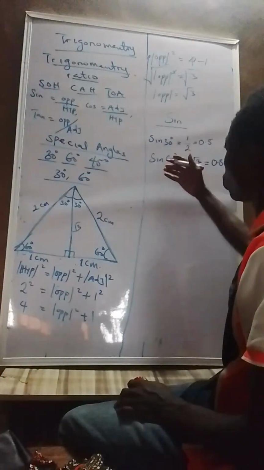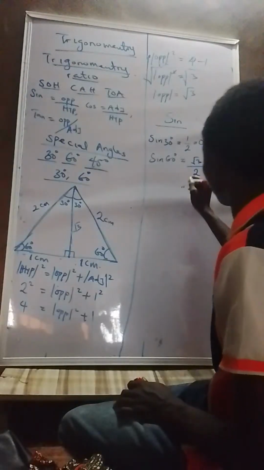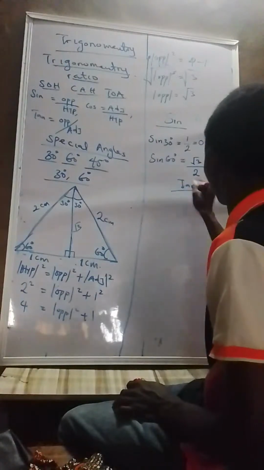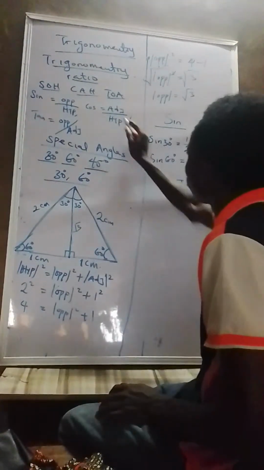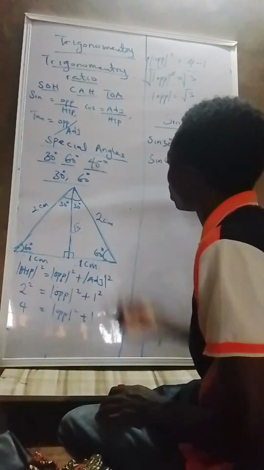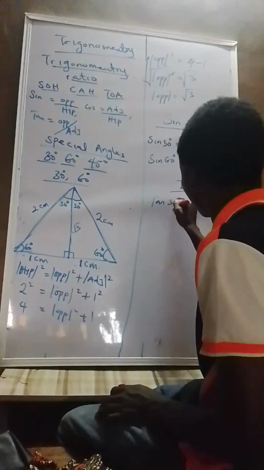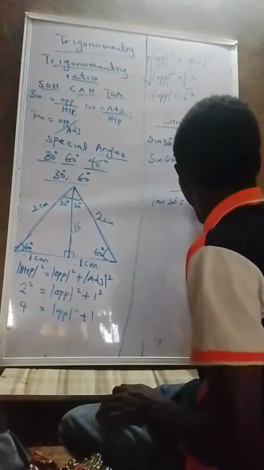Then let's move to tan. Now, in this case, we said tan is opposite over adjacent. Now, tan 30. What is the opposite here? 1.